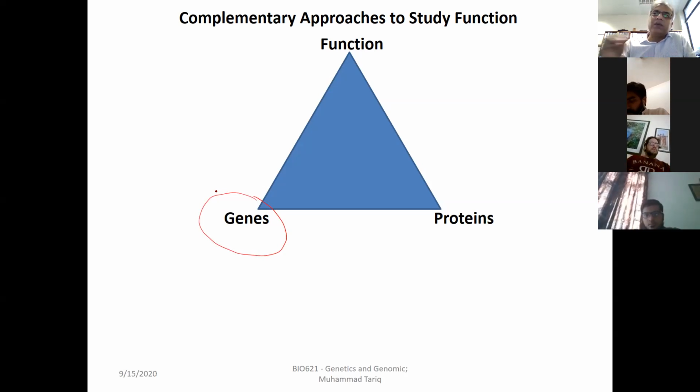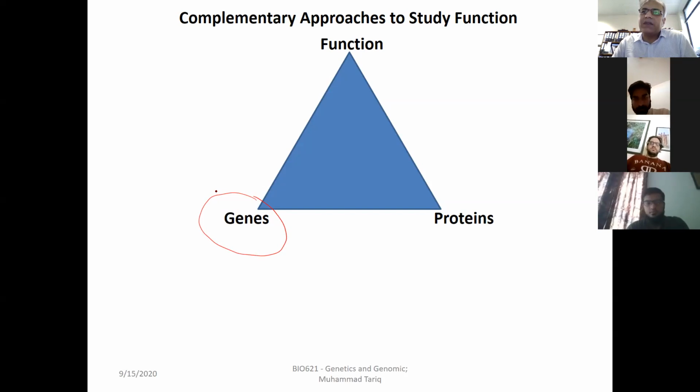And we are trying to learn as much as possible in the next 28 lectures how we can dissect biological function by employing different genetic strategies. How can we design experiments based on genetic tools which answer the fundamental question of a specific biological function we are interested in?